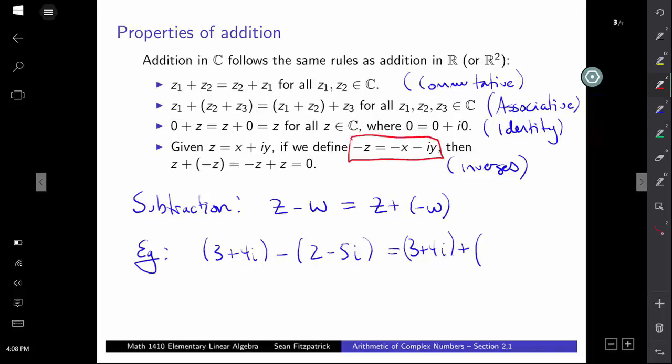I just change the sign on both of the numbers, on both x and y. So the negative of 2 is minus 2. The negative of minus 5, that double negative, gives me a plus 5i. And now I can combine those, right? 3 minus 2 gives me a 1. 4i plus 5i gives me 9i. Okay.